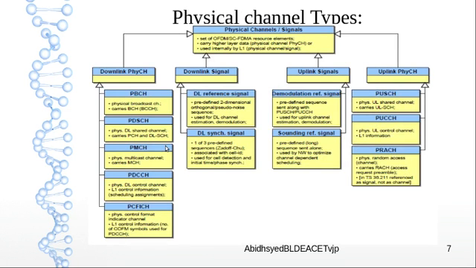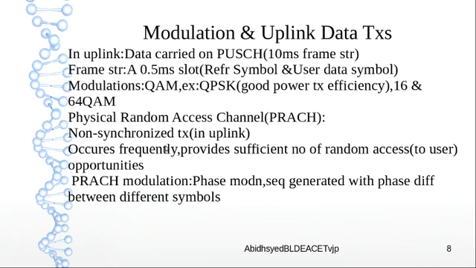So these are the different types of physical channels. What type of modulation is being used? We are actually using quadrature amplitude modulation. QPSK, quadrature phase shift keying, is also being used.